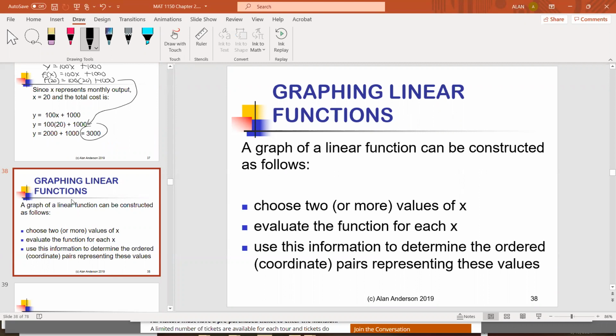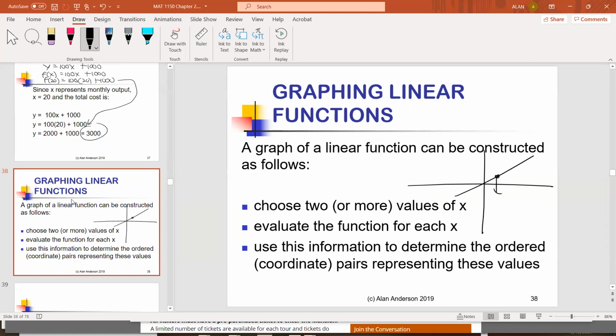Pick any two values of x, and we'll evaluate them for each x. In other words, we'll plug them into the function and figure out the values of y. That will generate for us two pairs, or they're called coordinate pairs sometimes, but the pairs that represent 2 points in a line is what we're really looking for.